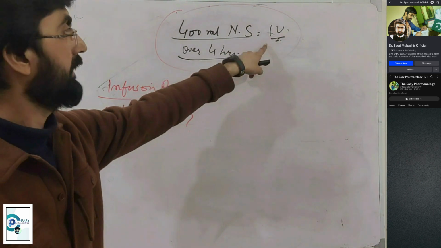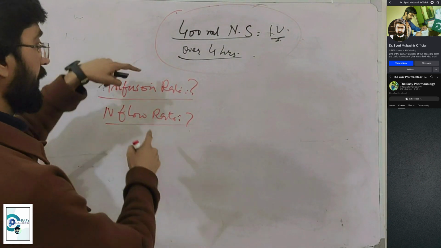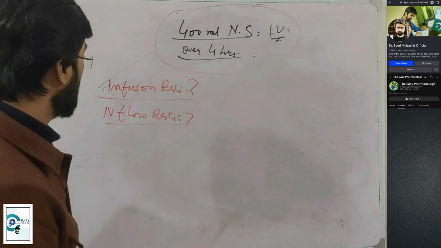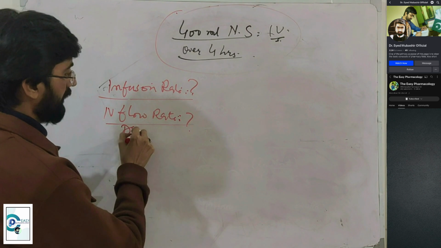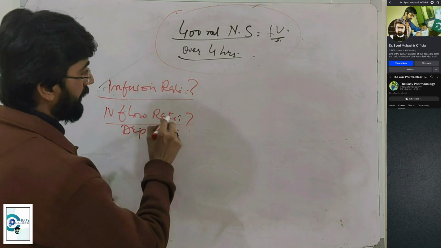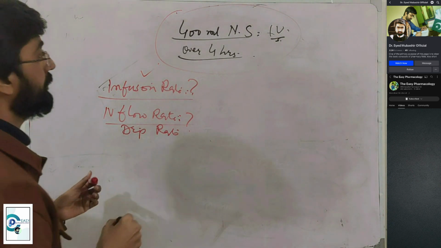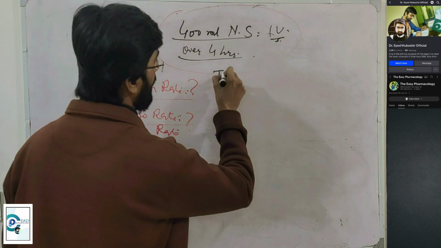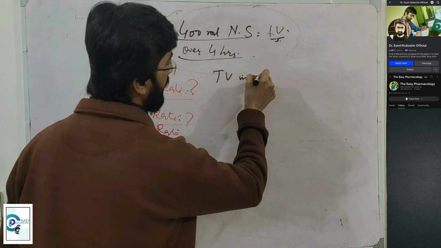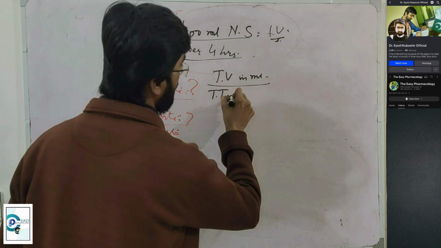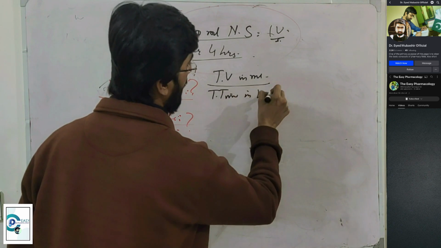400 ml normal saline over 4 hours. The questions are two. What should be the infusion rate? What should be the IV flow rate or drip rate? You know the formula for infusion rate: total volume in ml divided by total time in hours.